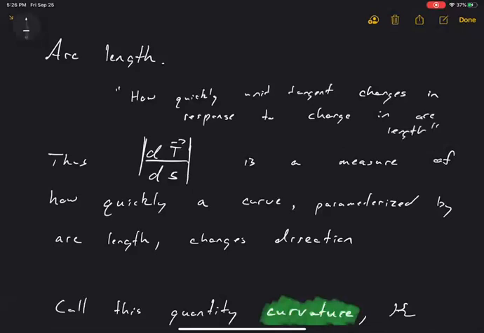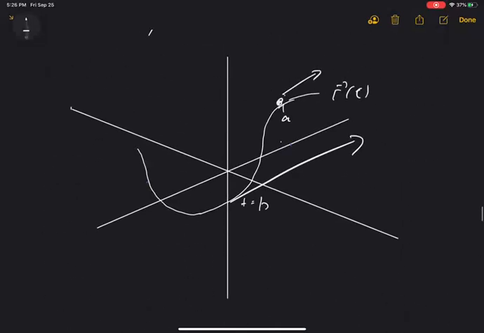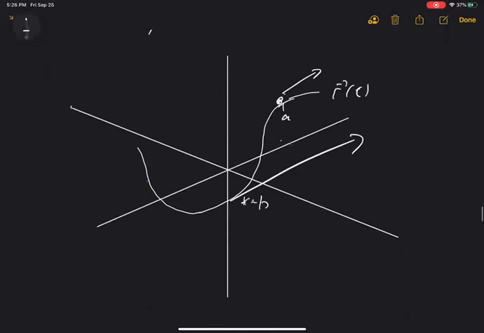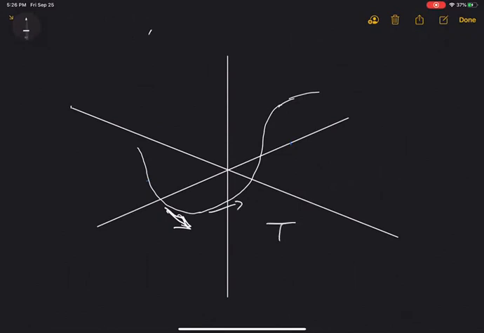Okay, and maybe that doesn't make sense. So again, let's go back to this picture. Why does it make sense to think about it in terms of arc length? Well, instead of arc length, just think about position. So dT/ds is like measuring how quickly this T is changing at points along my curve.